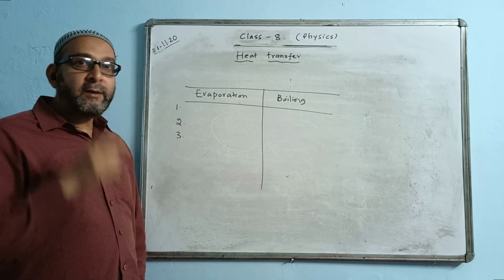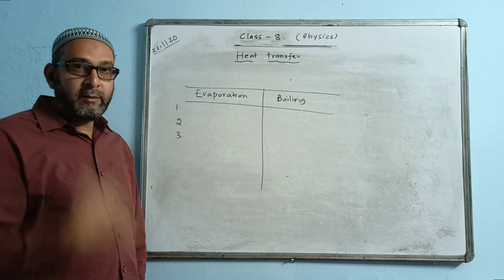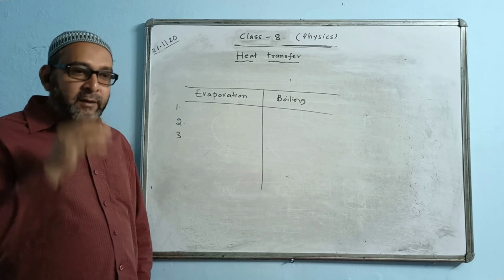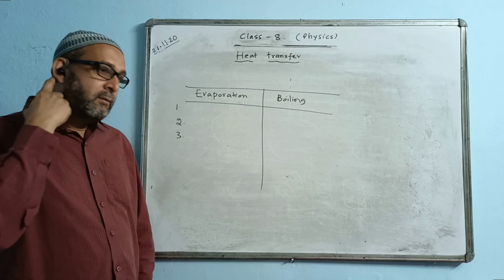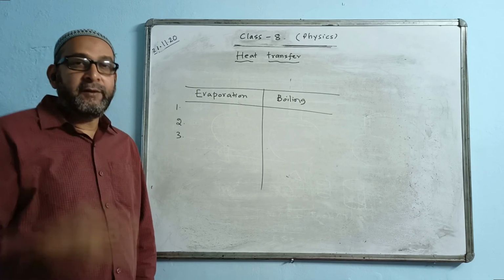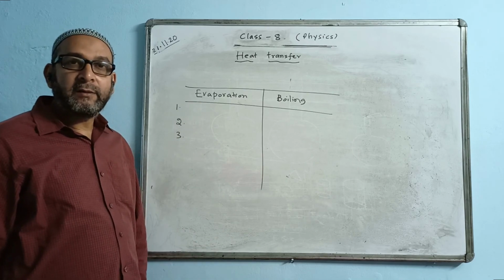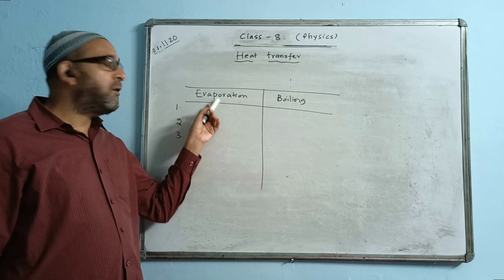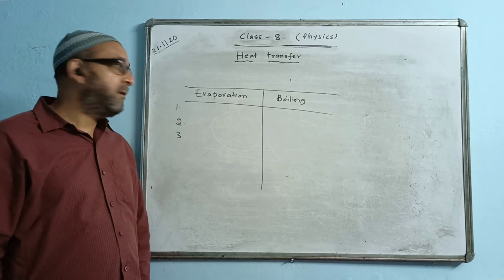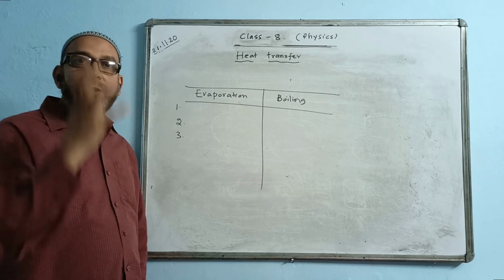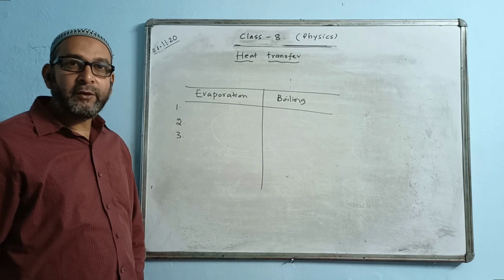It depends upon the wind or the air blown over the liquid surface. When the speed of the wind or air blowing over the liquid surface is more, the evaporation will be faster. The rate of evaporation is also affected by the presence of moisture or humidity in the air. The more the humidity, the less the rate of evaporation.